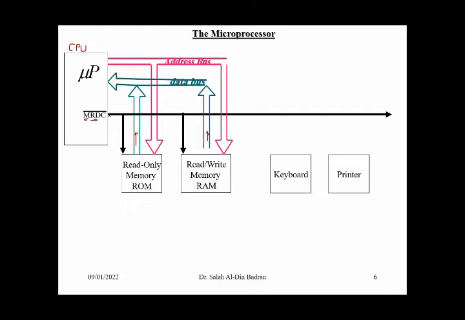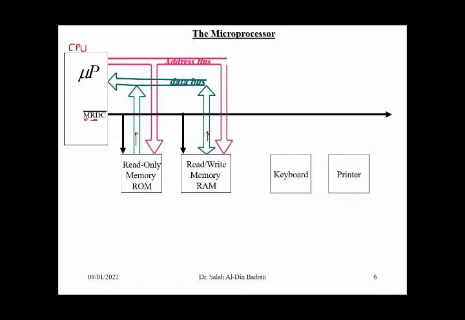We have one pin for control to tell them that the microprocessor wants to read something, and it sends the address with the location from which it wants to take the data. So the ROM or RAM will respond by sending this data through the data bus to the microprocessor in this direction.